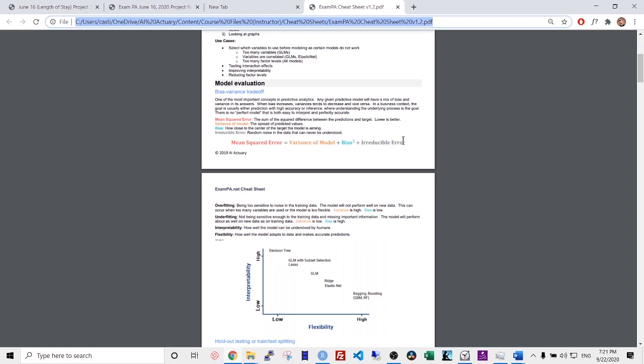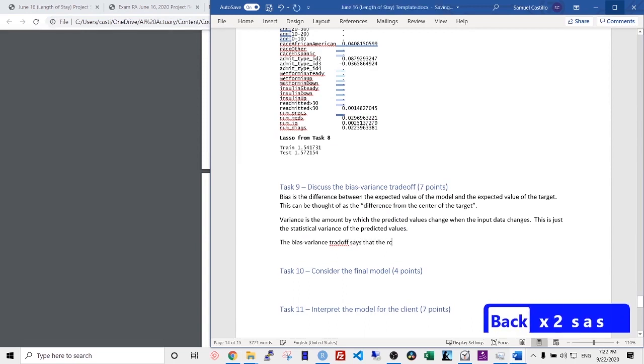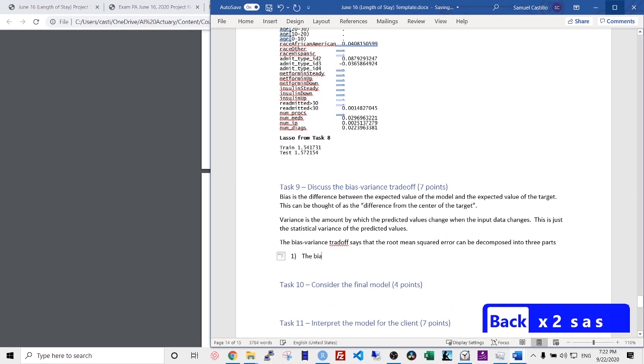Finally, you have the irreducible error. Think of this as just random noise or variables that are omitted from the data, traffic interference, or coding errors in the way the data was collected. This is something that no model can reduce. So the bias-variance trade-off says that the mean squared error can be decomposed into 3 parts. Part 1, bias squared.